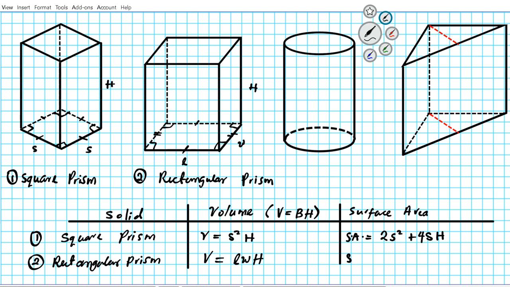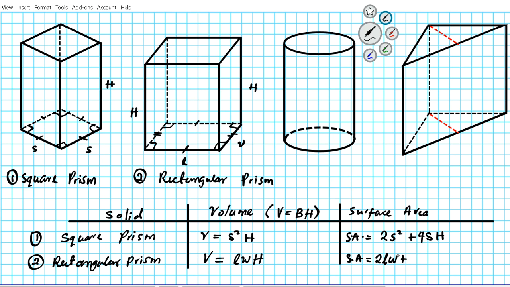Okay, surface area. So for surface area, you notice that for rectangular prism, just opposite faces are identical. Not all faces are identical. Okay, so the top and the bottom are identical, so the area of that will be 2 length times width for the top and bottom. The front and back are identical, so for the front it's going to be length by height, right?